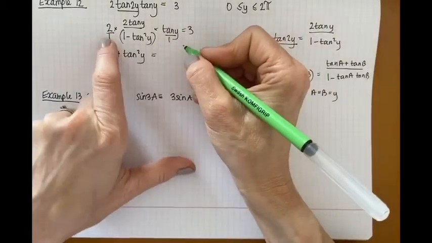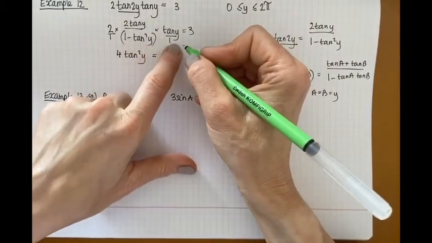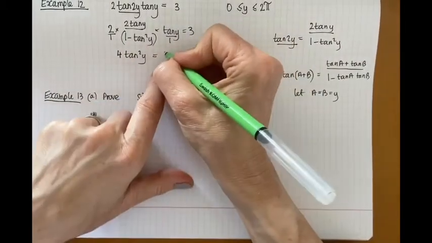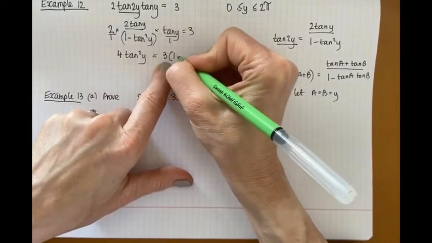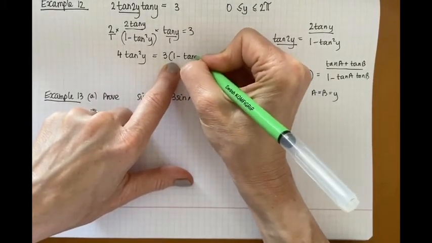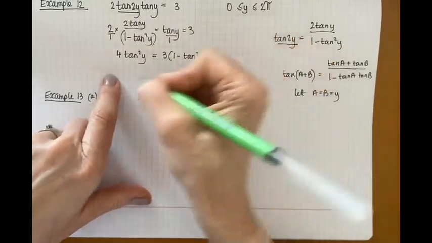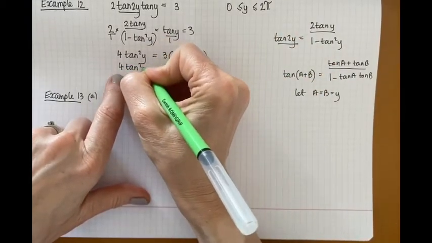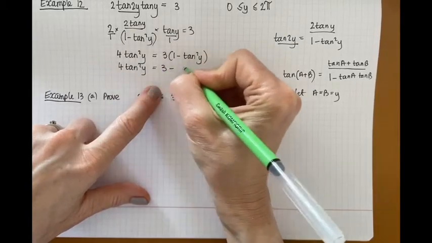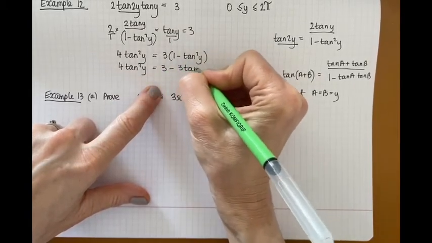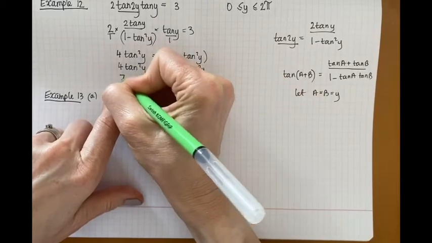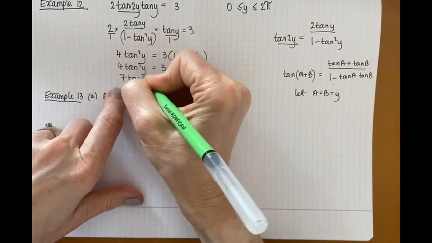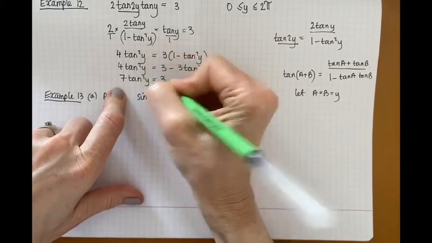And then you've got 1 times 1 minus tan squared y times 1, so effectively that will go over here. So 3 times 1 minus tan squared y. Okay, so you've got 4 tan squared is equal to 3 minus 3 tan squared. So you've got 7 tan squared y is equal to 3.